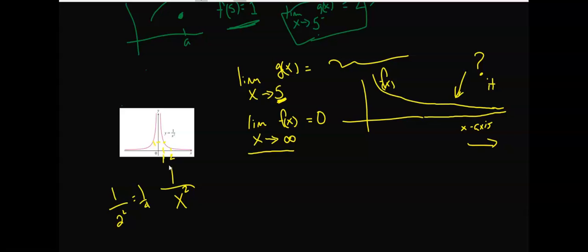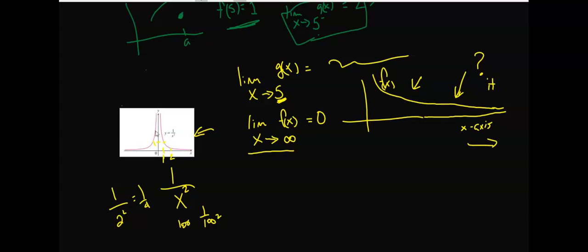So it's getting smaller. And what if I put in a big number for x, like say 100? So I go way out. I get 1 over 100 squared, which is 1 over 10,000, which is very small, or in other words, very close to 0. So this looks somewhat like this does, at least on the right-hand side. Now on the other side, it looks like this.